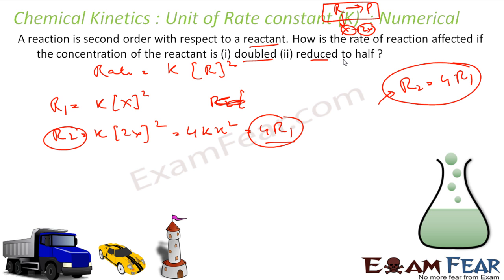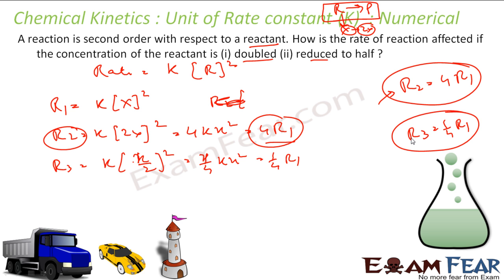Similarly, same thing, reduce to half. You reduce the reactant concentration by half, the rate of the reaction will be 1 by 4th. This is X. Let's suppose this is the third scenario. So instead of X, I'll make it X by 2 square. This is, if you see, 1 by 4 Kx square, and that is nothing but 1 by 4 R1. So if you compare, R3 is nothing but 1 by 4 R1.